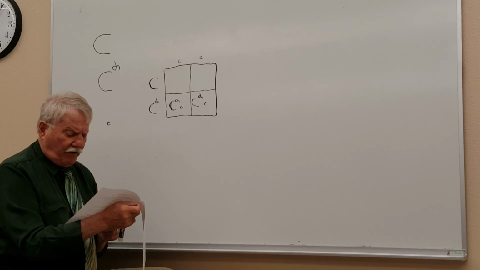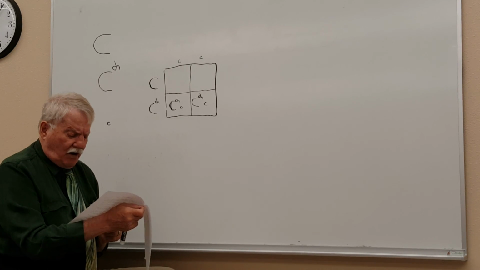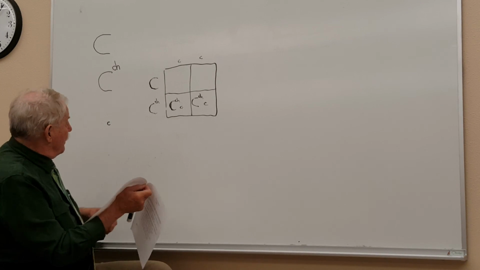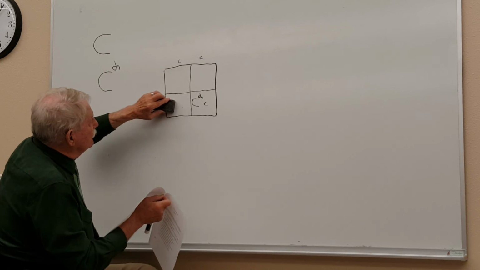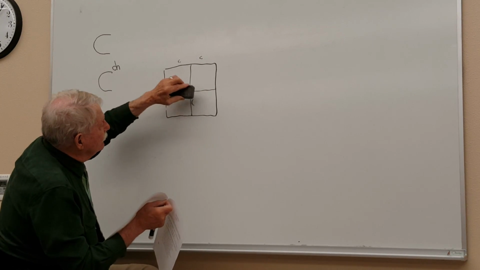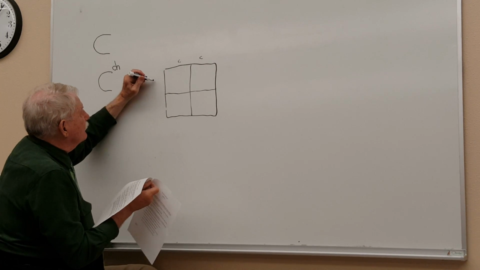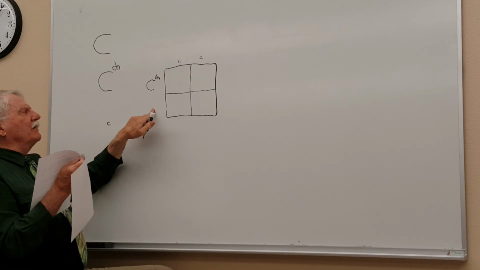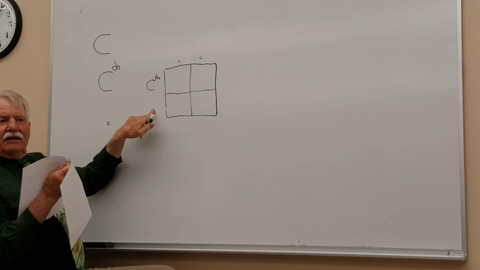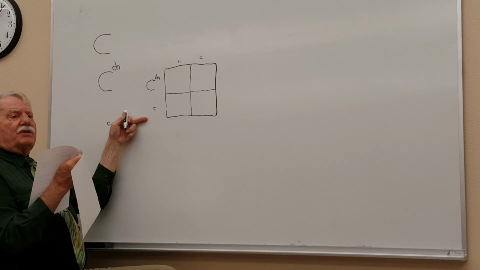So, what's the next one? If a white rabbit is bred to a heterozygous chinchilla, what is the probability that the offspring will be chinchilla? Okay, and so we have a white rabbit. So we know it's heterozygous chinchilla. What's the other allele gonna be though, heterozygous? A little c. It's gotta be a little c, cause if it was a big C, then this wouldn't be a chinchilla anymore.